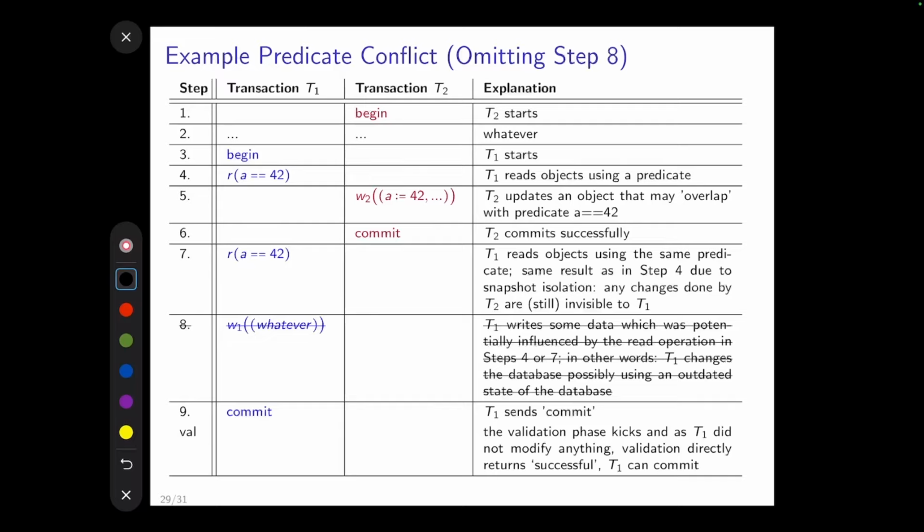You're just reading stuff. I give you snapshot isolation. You will always see the same version. So why would I validate anyway? Because there can't be any read-write conflict. If there's a conflict, other transactions will find out. But from your own point of view, you're not influencing the database state, so you're good to go.